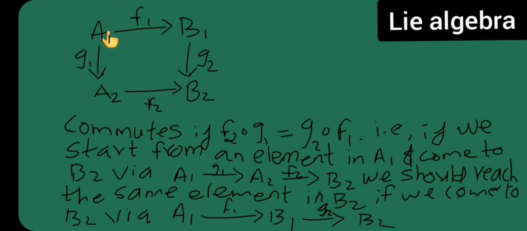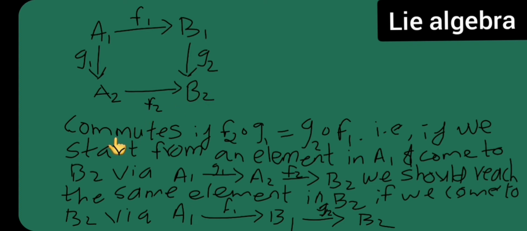F1 goes from A1 to B1 and my F2 goes from A2 to B2, and here my G1 goes from A1 to A2 and my G2 goes from B1 to B2.